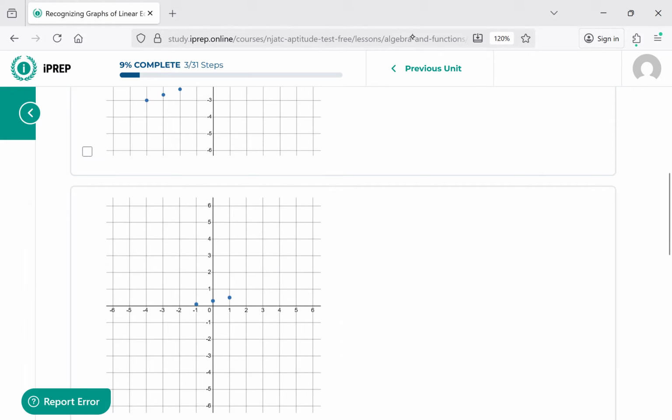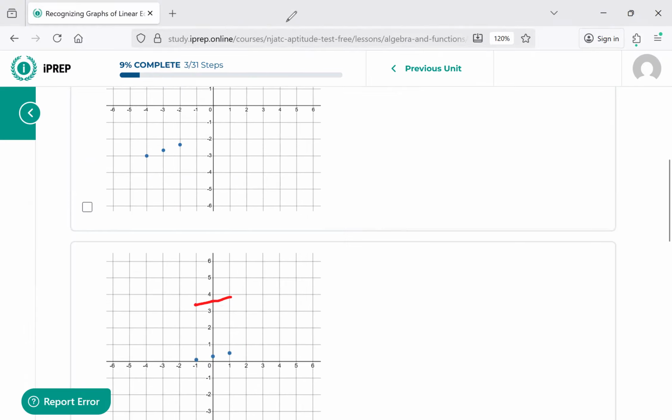I think this one doesn't come out nicely. If you connect the dots, it doesn't make a really straight line. This one makes a very straight line. Let me double check. Just try to connect the dots. If it's slightly curved, it's not going to be it. So this looks good. Let's see if it works.